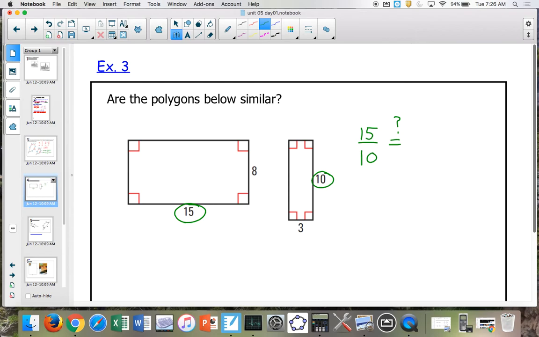And does that equal the other two, 8 over 3? The answer to this one is no. If you divide them on your calculator and look at the decimals, they are obviously not equal. So therefore, these polygons are not similar. So even though they're both rectangles, they're not similar.